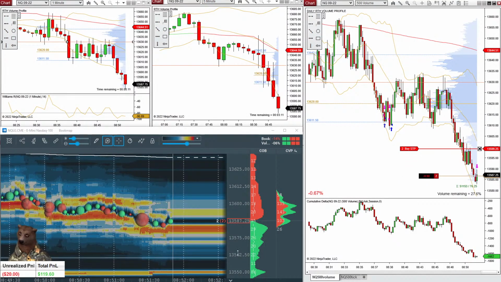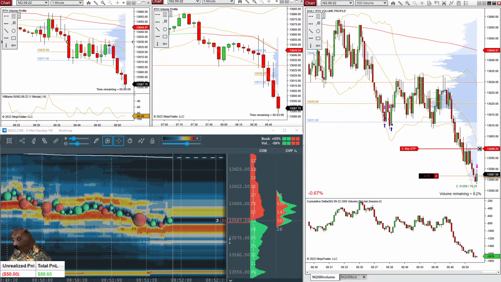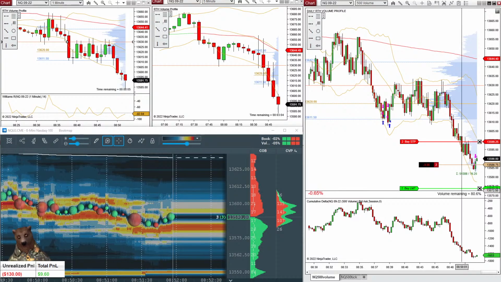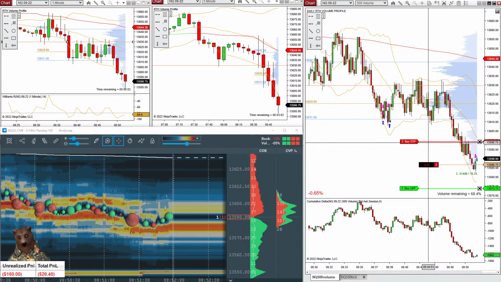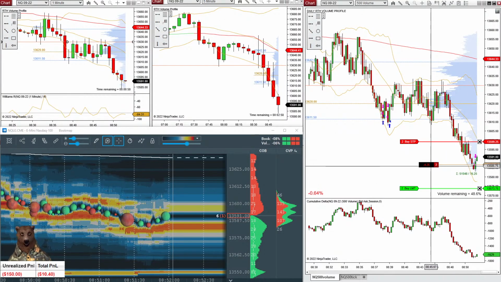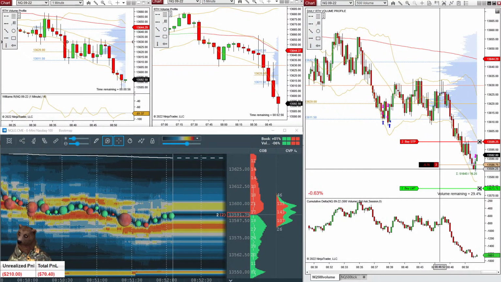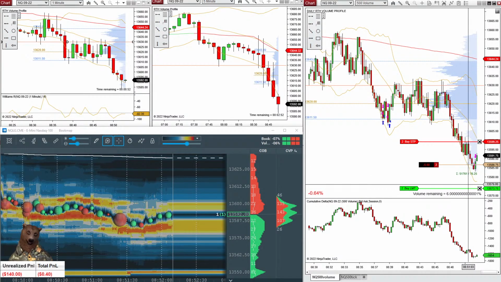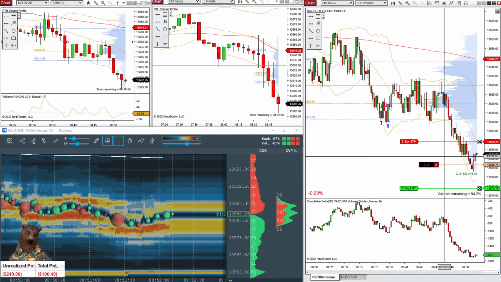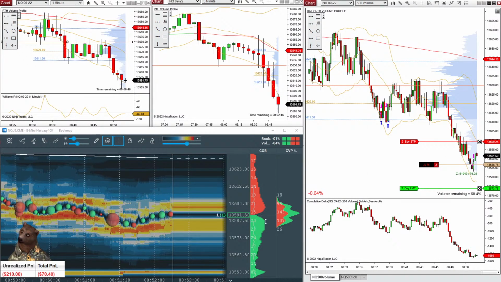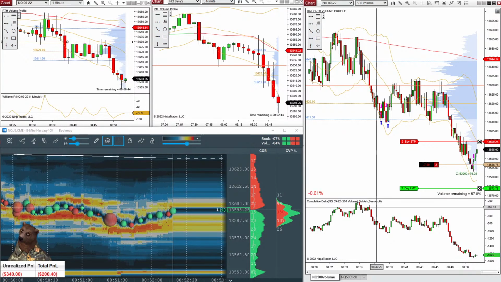Let's see. There's a long wick there in that 1 minute. I don't know. May have just gotten in too low. $97.